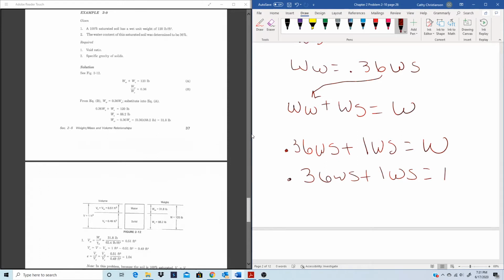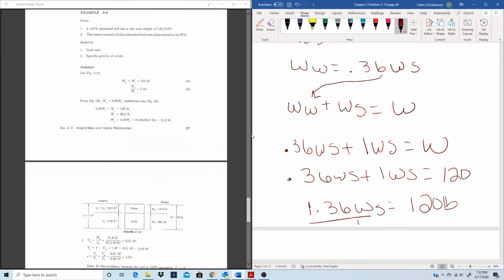All right, so when I solved for that, I'm going to add that, it becomes 1.36 WS equals 120 pounds.